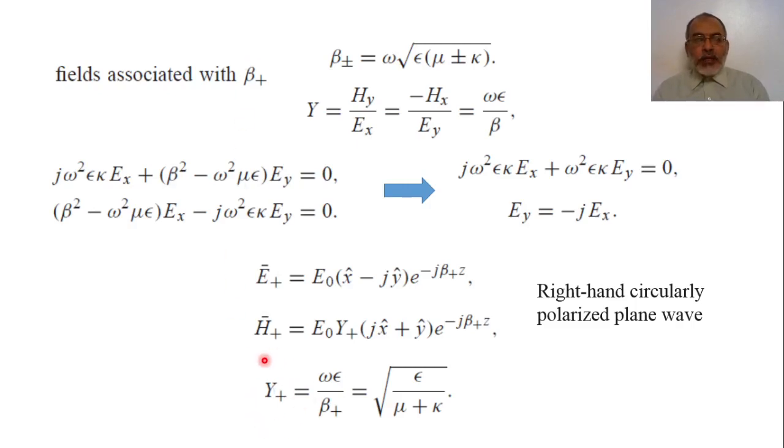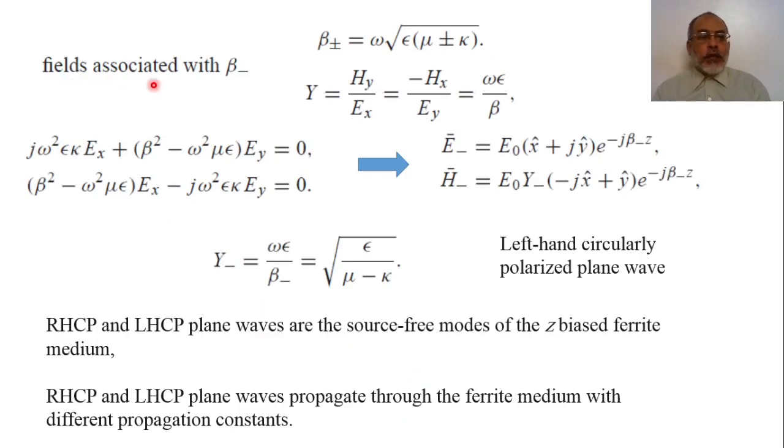And the wave admittance in this case equals square root epsilon over mu plus kappa. On the other hand, if we are looking for the fields associated with beta minus, it would be omega square root epsilon multiplied by mu minus kappa.